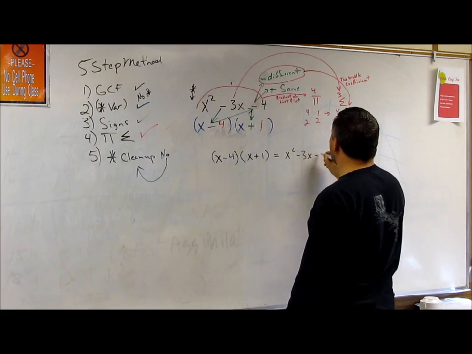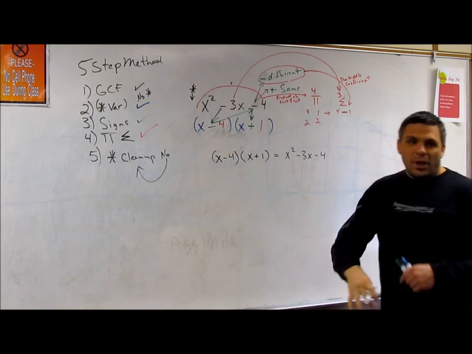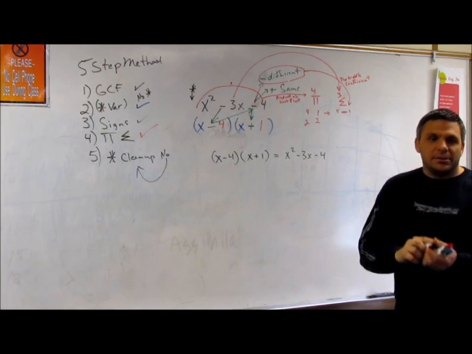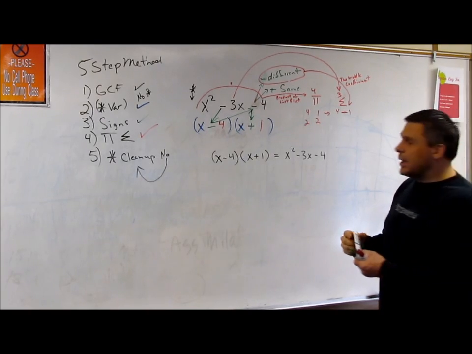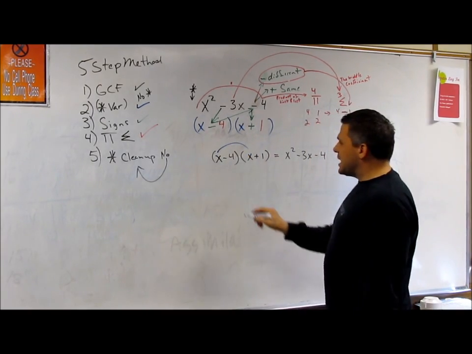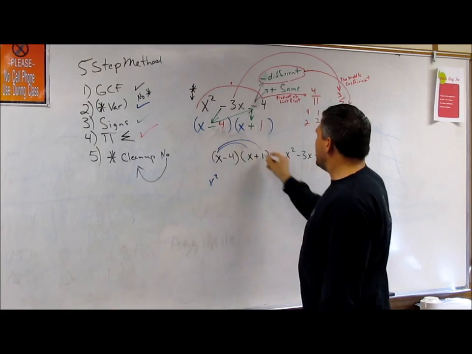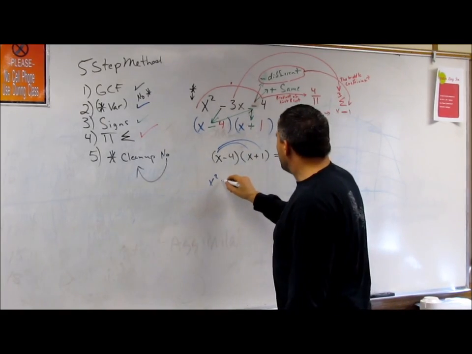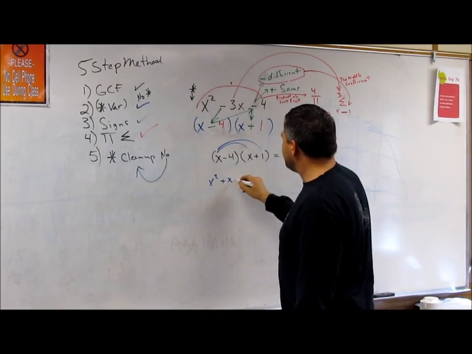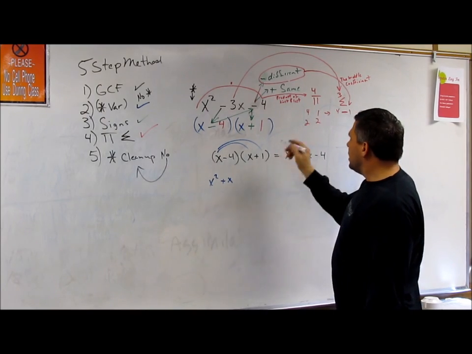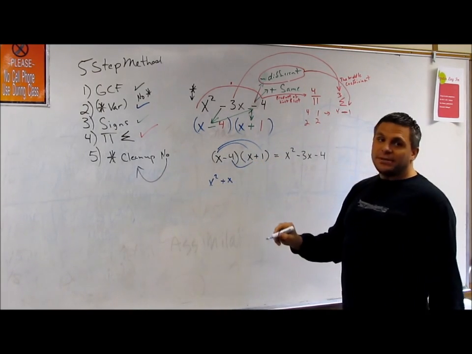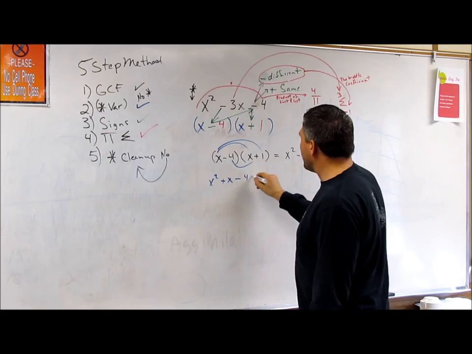So if I were to do the clam method, then x times x would be x squared. x times 1 would be plus x. Okay? Negative 4 times x is minus 4x.